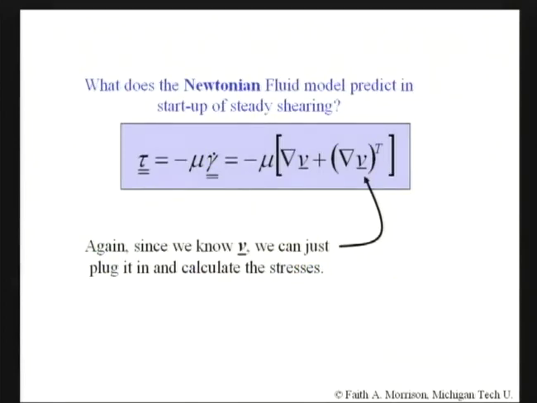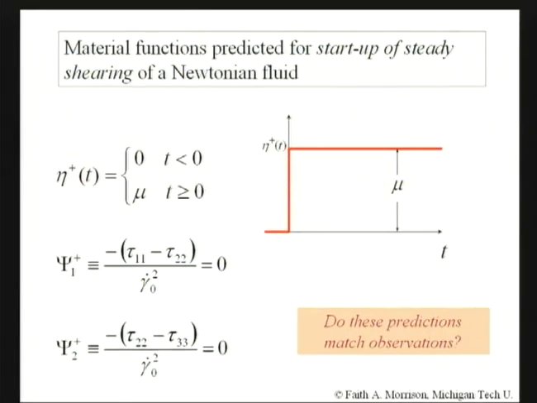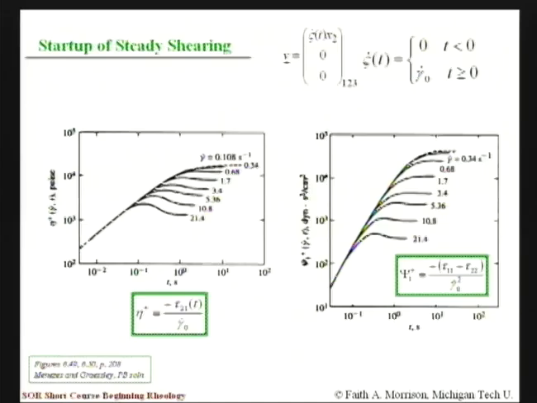And when we predicted for the Newtonian case, we get this startup function that I mentioned before, which steps up to the plateau value, which is equal to that parameter mu. When we compare that with data, we find that the data do not step up instantaneously, and they do not step up to a level and just go to that level. They overshoot and then eventually come to a steady state. And of course, psi1 is not 0.